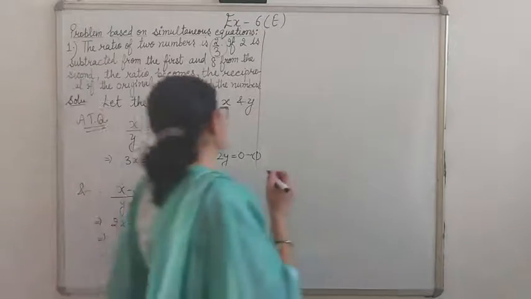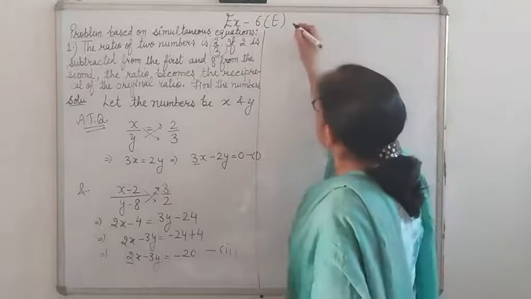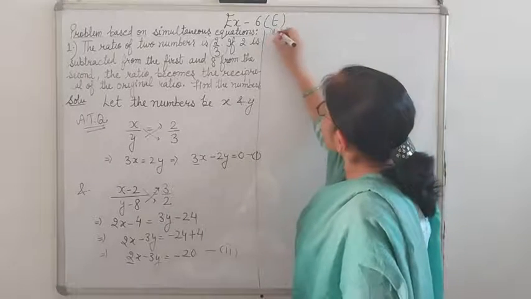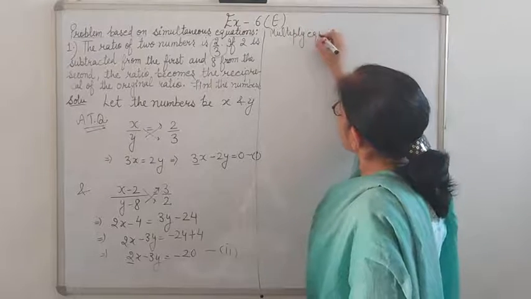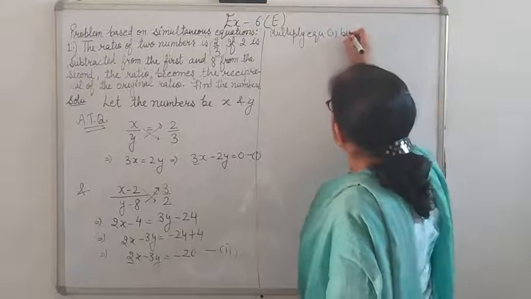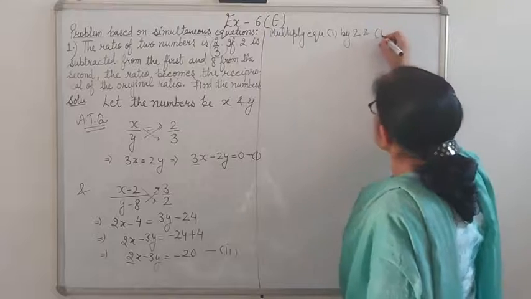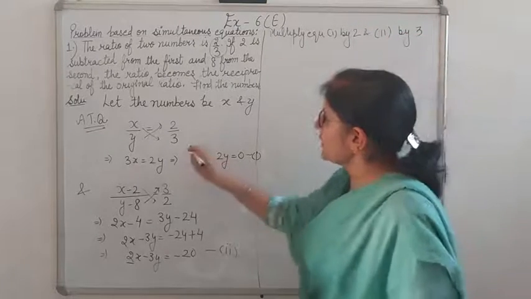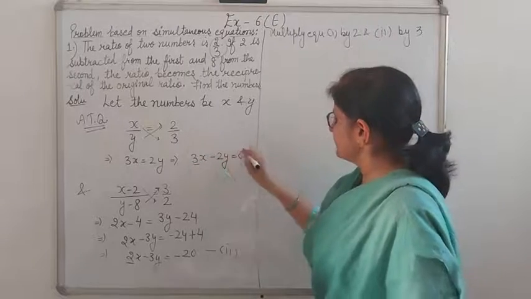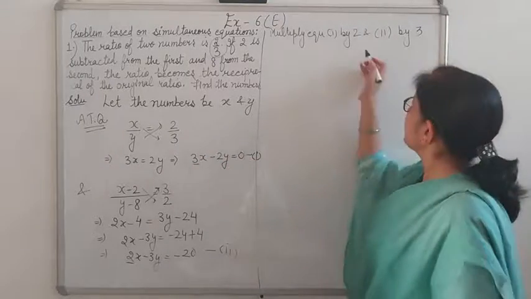So we write here, multiply equation first by 2 and equation second by 3. You have to multiply this full by 2.